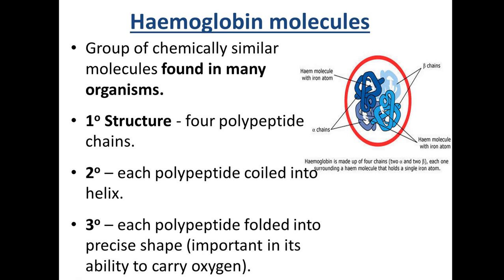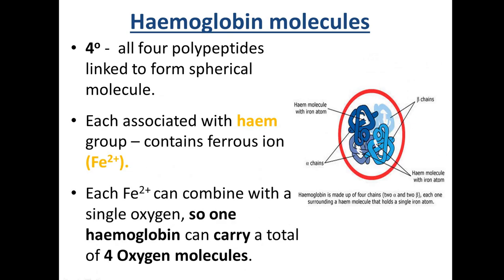The tertiary structure is then how each of the polypeptides is folded, which is very important in its ability to carry oxygen. So each species of haemoglobin may fold slightly differently. Then the quaternary structure is that all 4 of the polypeptide chains will link together to form a spherical molecule.